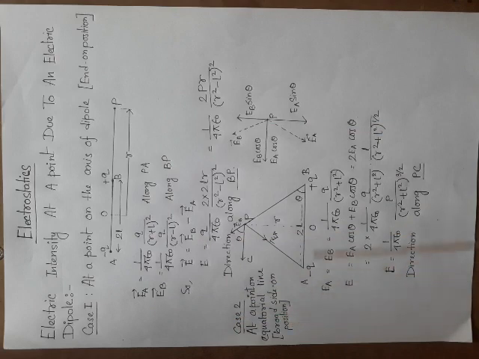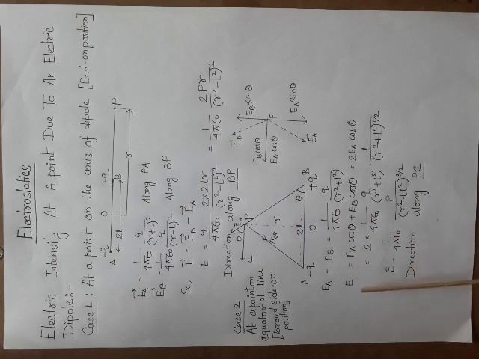Second case, the point P is on the perpendicular bisector or on the equatorial line. This position is also known as broadside on position. Here EA and EB, both the electric fields at the point P due to A and B, are equal in magnitude, as the distance AP is equal to BP is equal to root over of r square plus L square according to Pythagoras theorem.